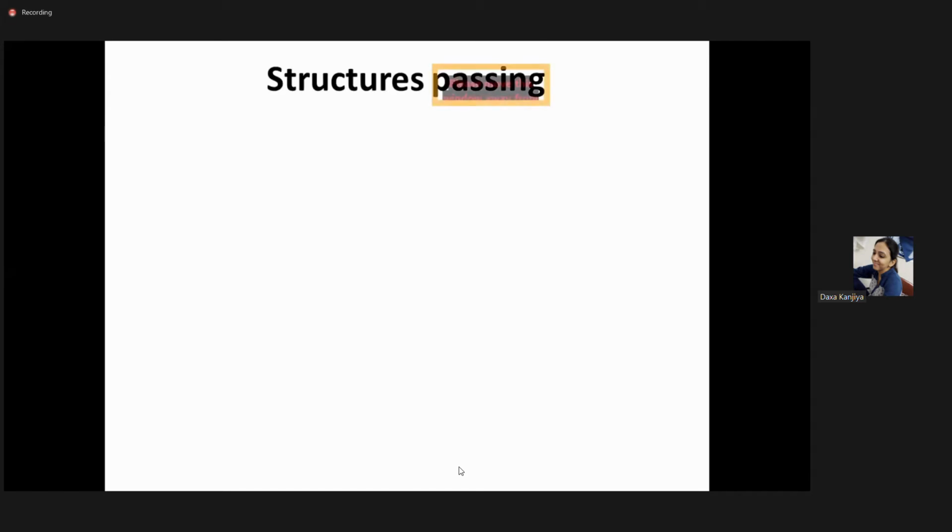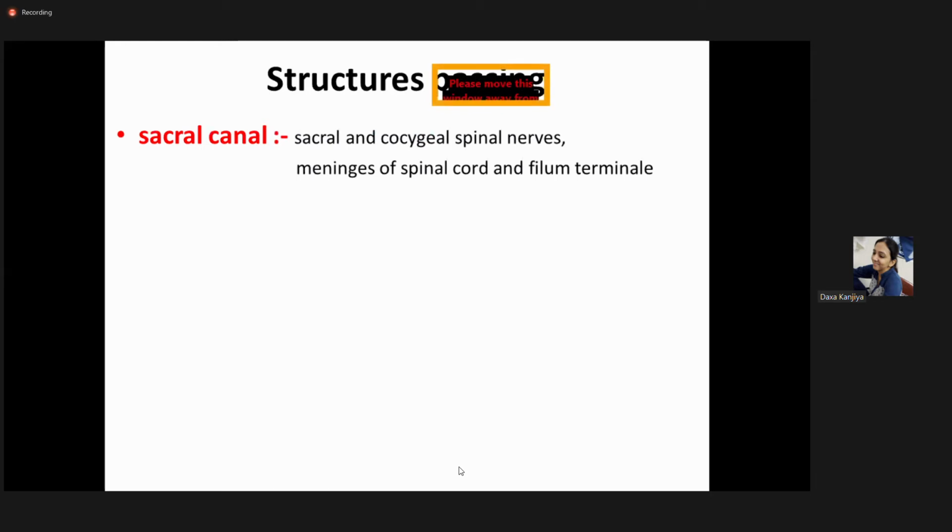Now, structures passing through the various foramina of the sacrum. Structures passing through the sacral canal: just like a vertebral canal, it gives passage to the spinal cord, its meninges, filum terminale, and the sacral and coccygeal spinal nerves.